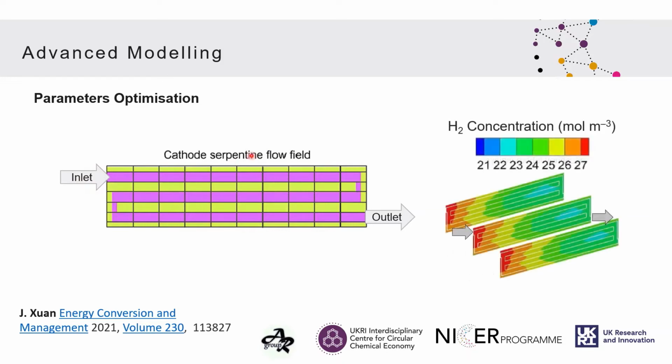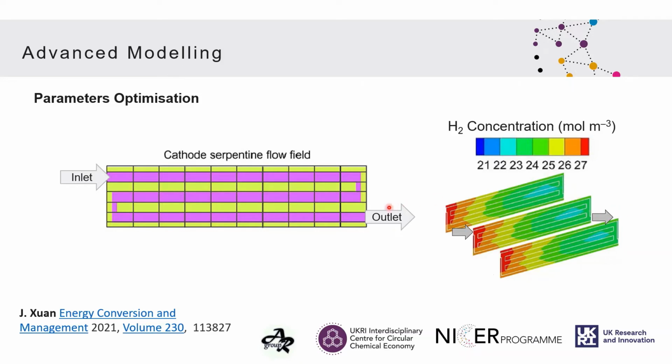For instance, here we have hydrogen concentration as one of these things. We can flow hydrogen here. At the beginning, we have a high concentration of hydrogen, and as the hydrogen is consumed, we have a depletion of hydrogen till we reach the outlet.